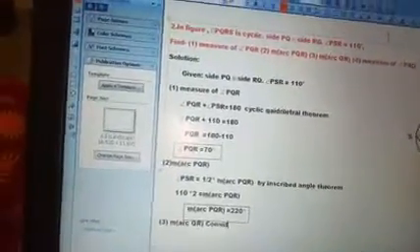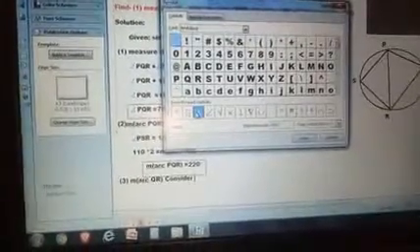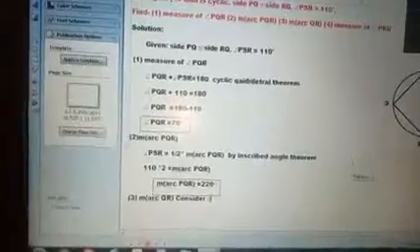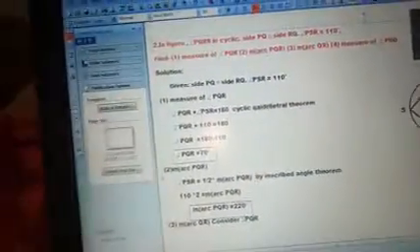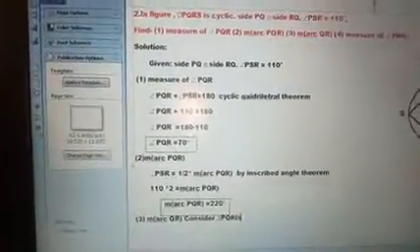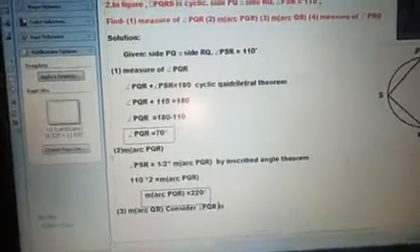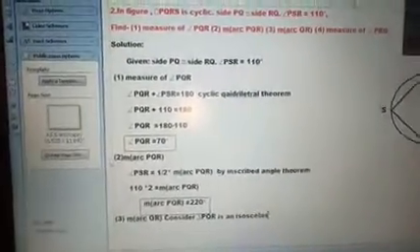So now let's see, if we consider triangle PQR, then triangle PQR is an isosceles triangle.